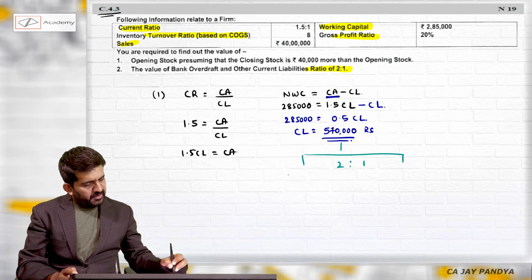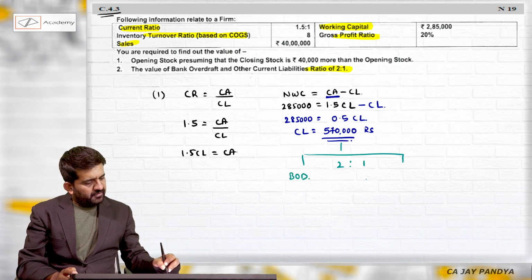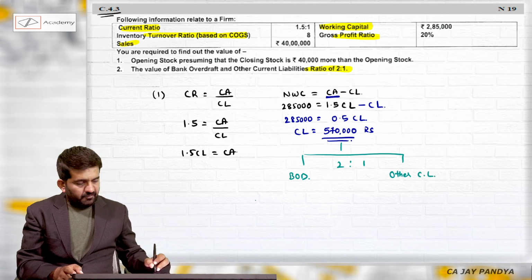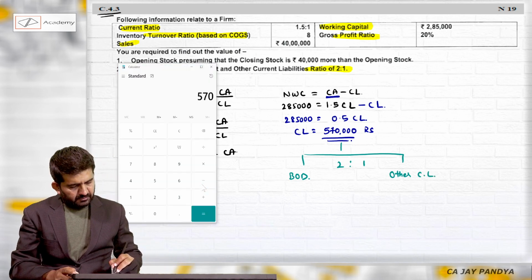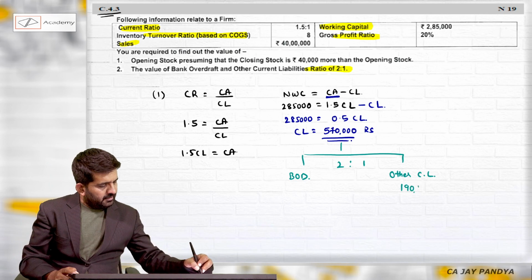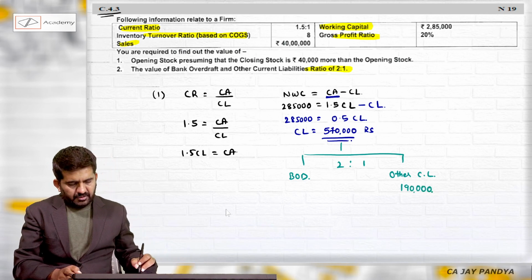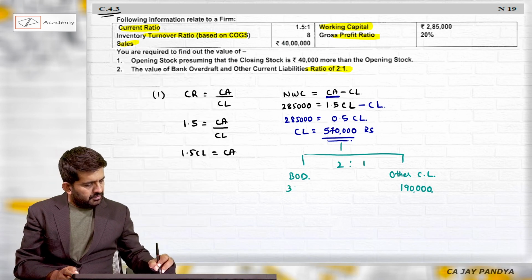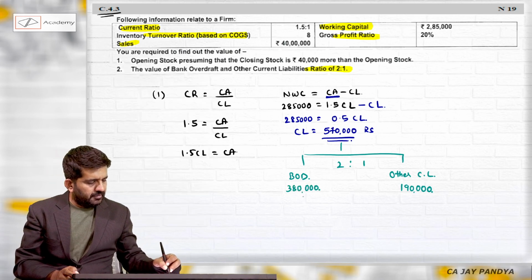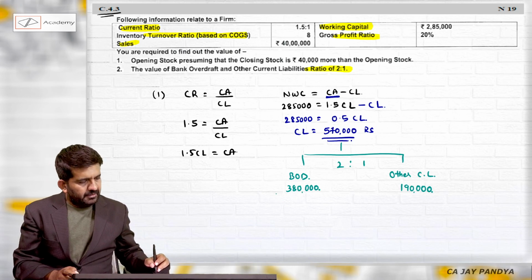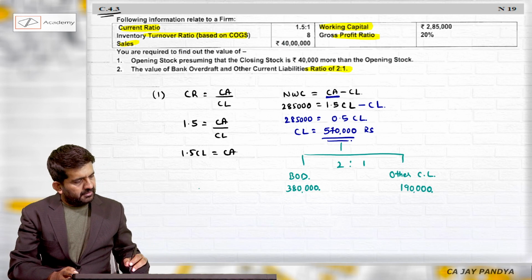So 2 is bank overdraft and 1 is other current liability. We divide 5,70,000 by 3, which gives 1,90,000, multiplied by 2 gives 3,80,000. We have got other current liabilities and bank overdraft.